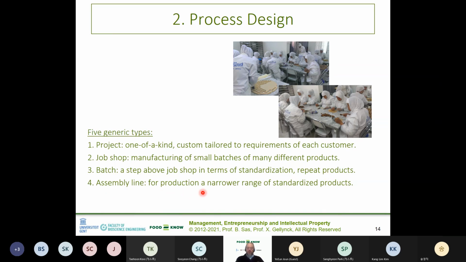So that's for the production of a narrow range of standardized products. So you can't do many different products. So you have a series of well-defined products, and the line or production system is in such a way that it's all towards the production in an efficient way as possible of a well-specific product.